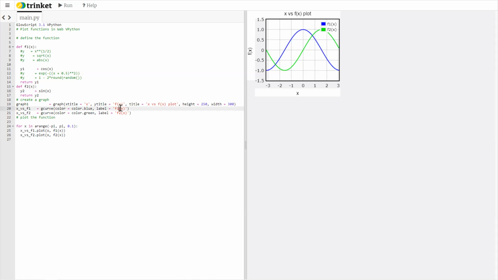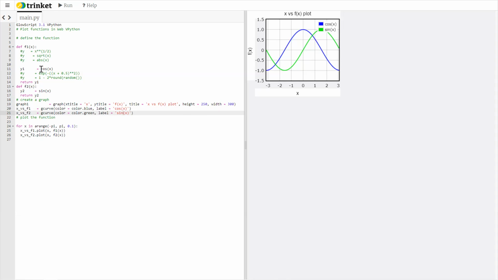You can explicitly write the function here. So f1 is cosine x, and f2 is sine x. We can use any built-in function to be plotted in this graph.